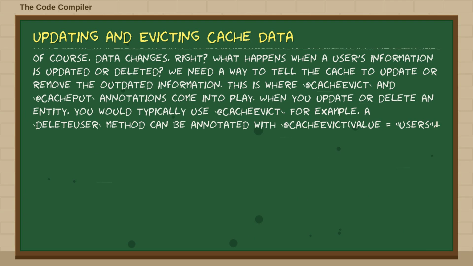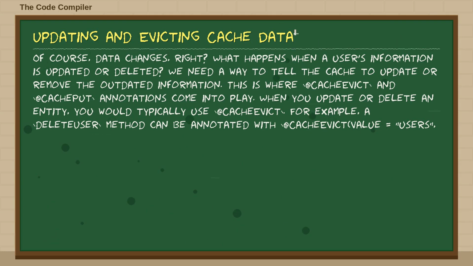For example, a deleteUser method can be annotated with @CacheEvict(value = "users", key = "#id") to remove that specific user's data from the cache. This ensures that the next time someone requests that user, it is fetched fresh from the database.